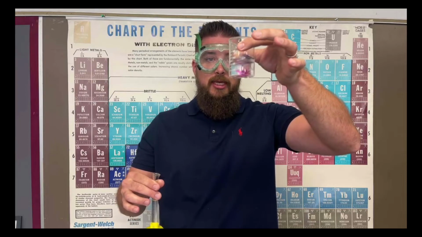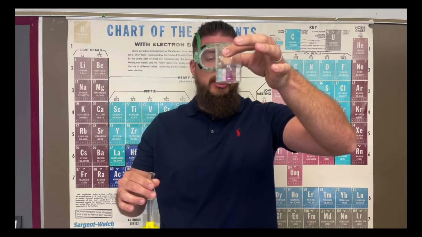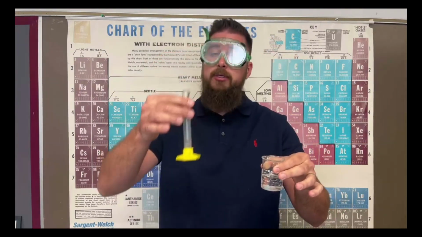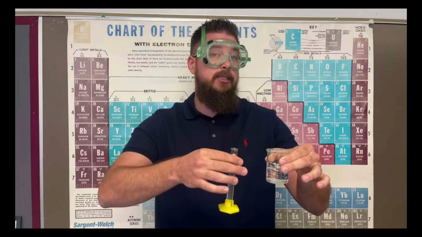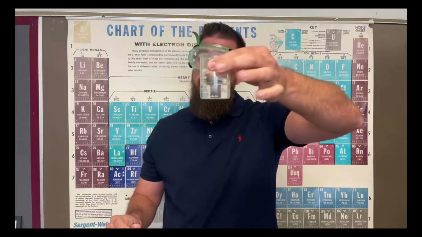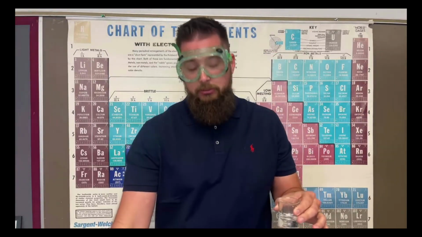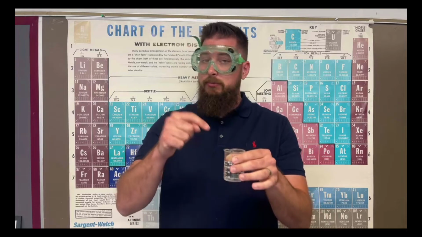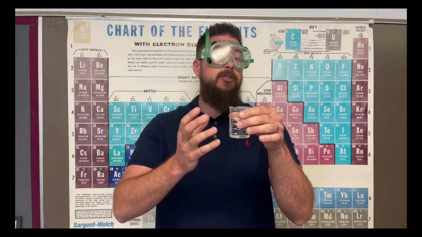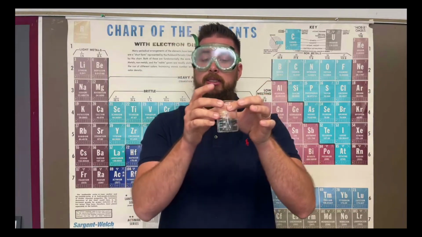But notice that the pink starts to go away as I'm stirring it, because the base inside of here is reacting with the acid and neutralizing the acid. And notice how it turns back to clear. The reason why it turns back to clear is, yes, we did put a base in here. However, all of the base reacted with the acid, and there's still some acid left inside of here.